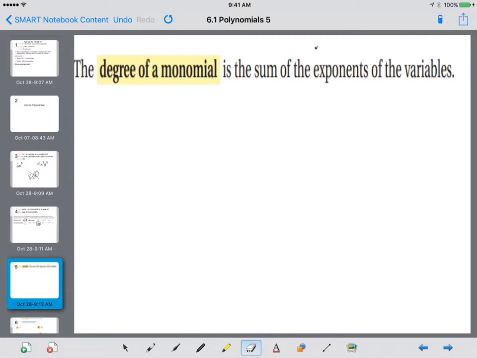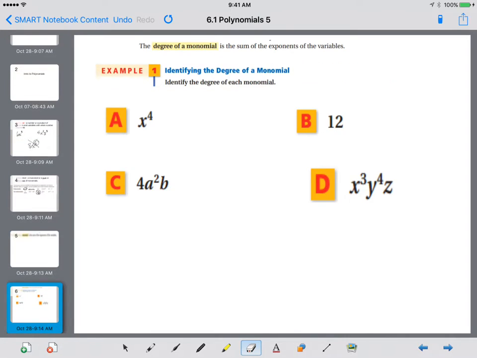The degree of a monomial is the sum of the exponents of the variables. So for example, if we were looking at the degree of these monomials here, the first one is x to the 4th, so it has a degree of 4. 12, that's a monomial.